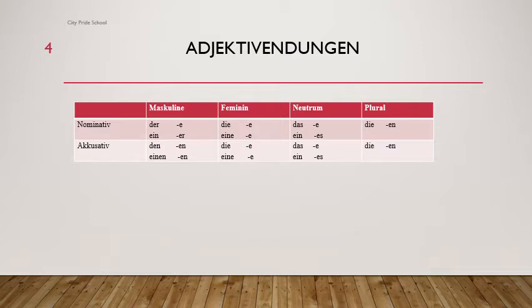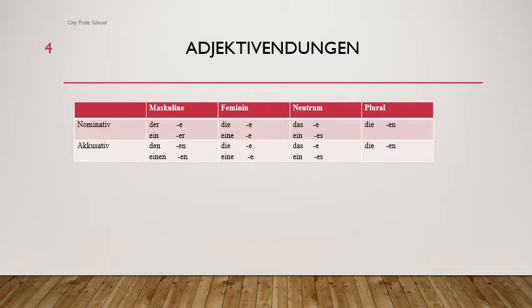So comparatively, this first table is very easy, but there are two things which you have to keep in mind while using this table. The first thing is ein. Ein is used twice here in this table, in masculine as well as in neutrum. Ein is equivalent to kein, mein, unser, ihr, sein, all these things.